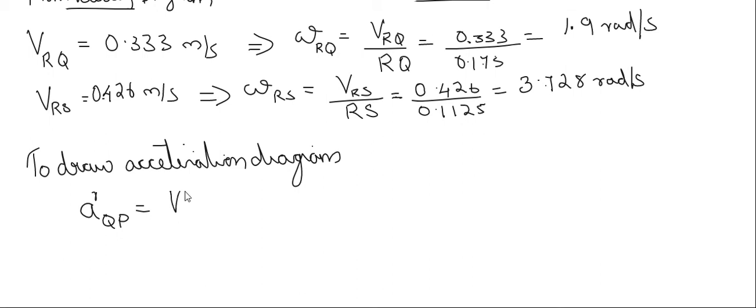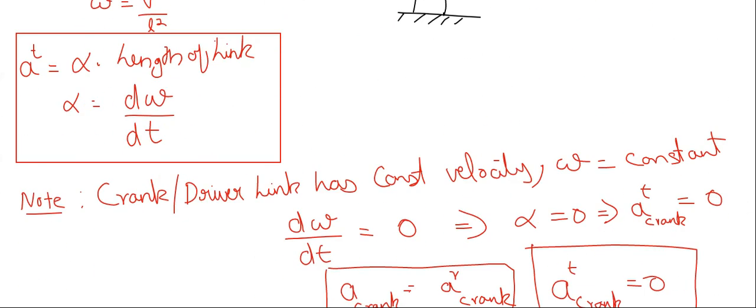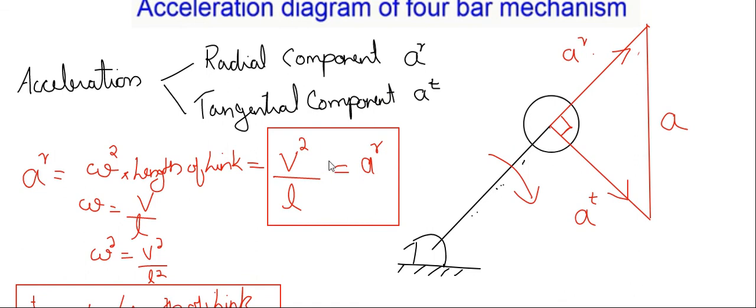AR is the square of relative velocity or linear velocity divided by the length of the link QP. So that we already found out in the earlier section, that is radial component will always be omega square times the length of the link. Omega is V by L. So omega square will be V square by L square. V square by L square times L. L and L cancelled out. So that will become V square by L.